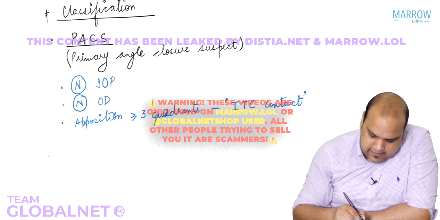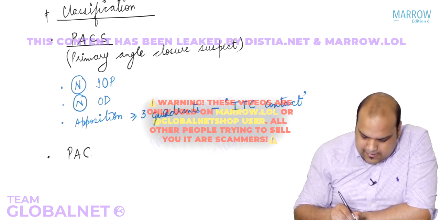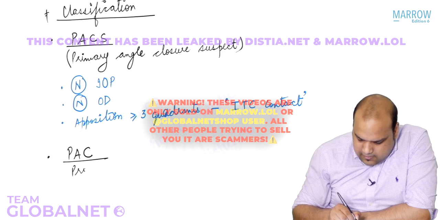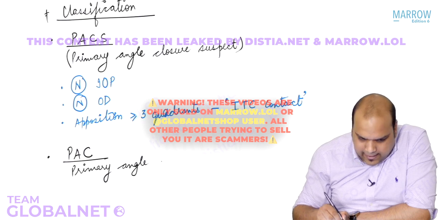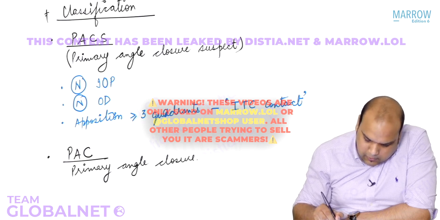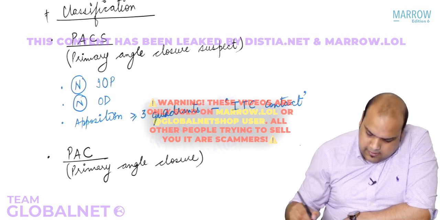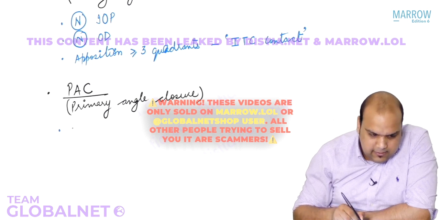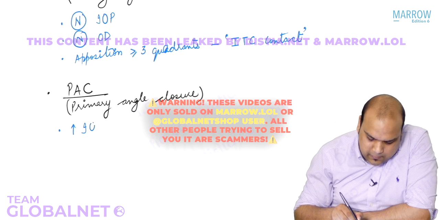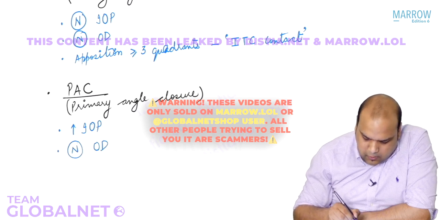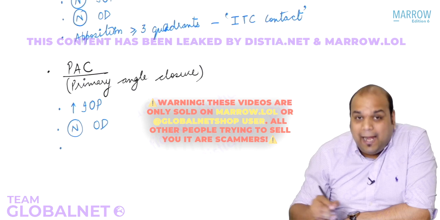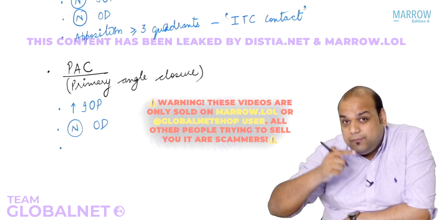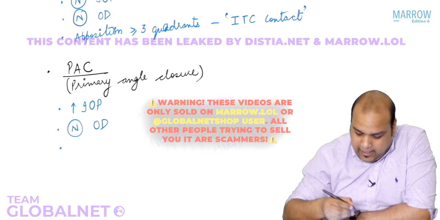Then comes the second stage, PAC. We are saying that there is primary angle closure, that the angle has closed. When will you say this? There will be increased IOP now, but the optic disc will remain normal. And what would have developed instead of the iridotrabeculocorneal contact?